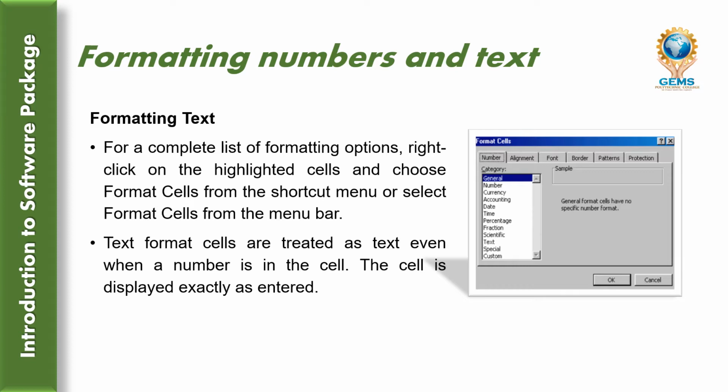You can select particular cells and use the different categories of formatting cells: General, Number, Currency, Accounting, Date and Time, Percentage, Fraction, Scientific, Text, Special, Custom. Select any one of the number option categories and click OK so that it will be reflected in your Excel sheet.